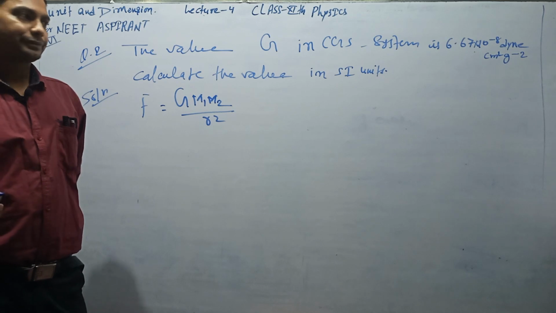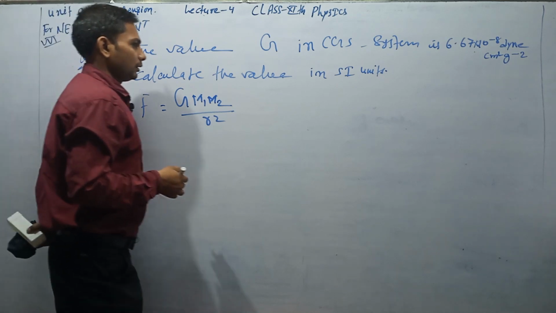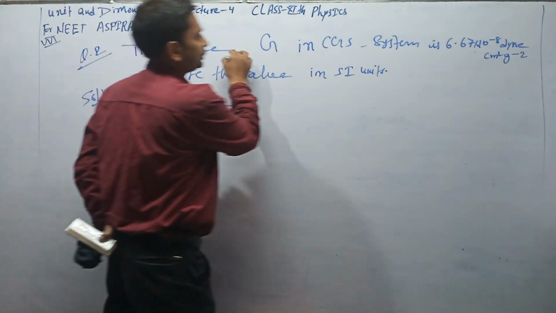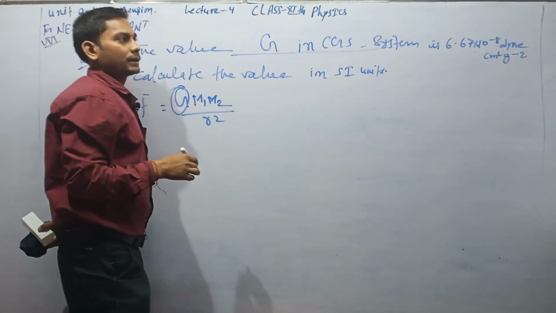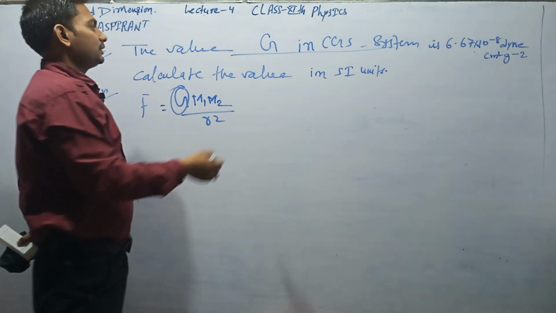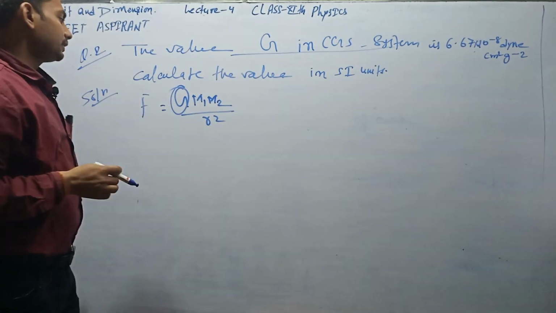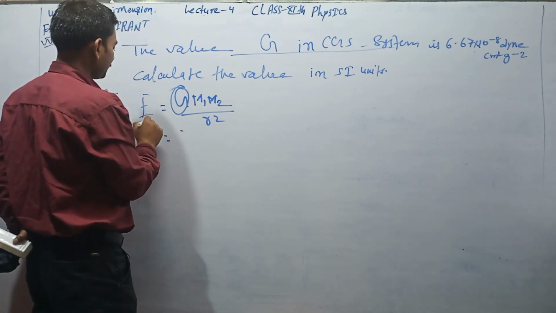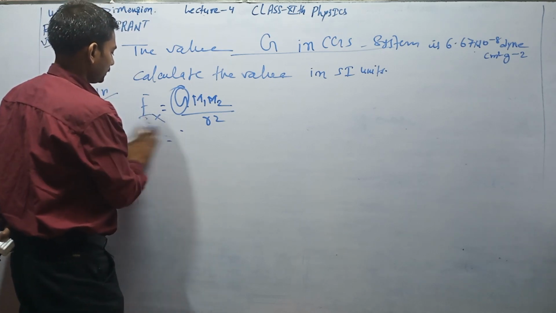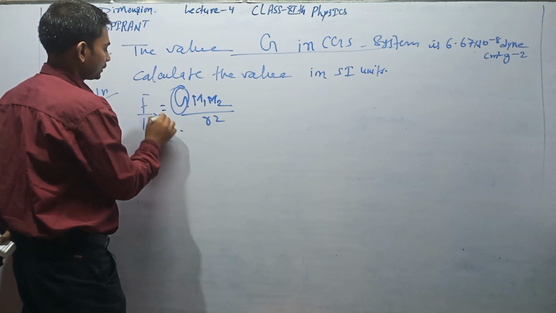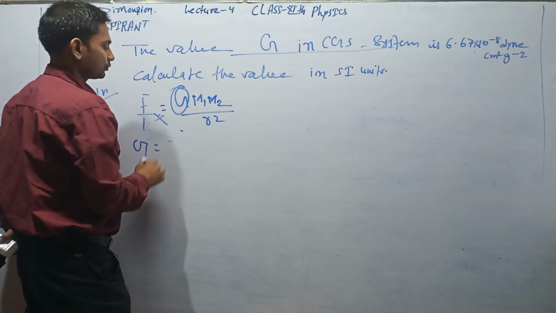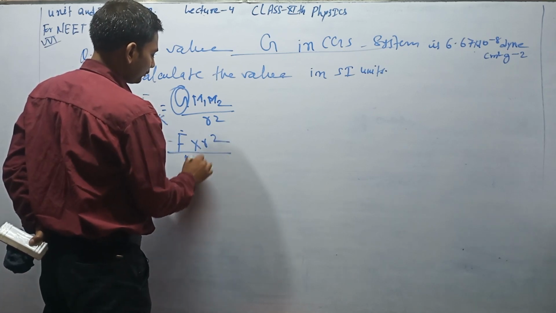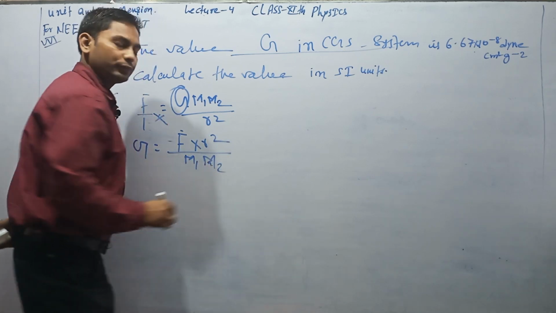Here, for the value of G in the CGS system, by cross multiplication, capital G equals F r square upon m1 m2.